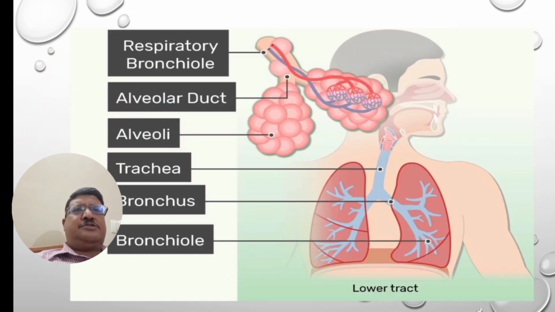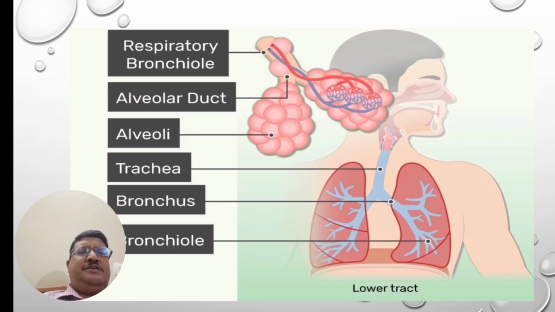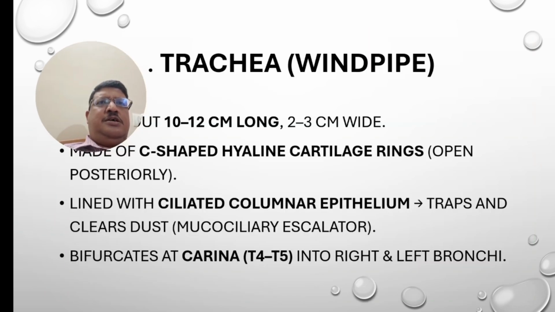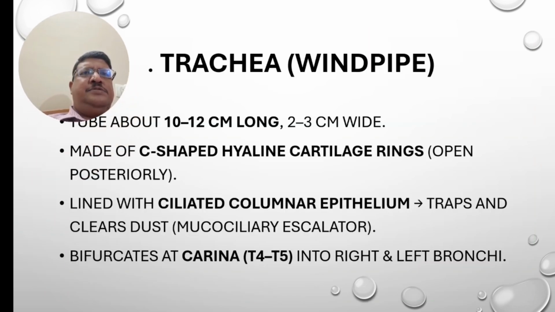So these are the parts of the lower respiratory system: respiratory bronchioles, alveolar ducts, alveoli, trachea, bronchus and bronchioles. Now coming to the trachea.